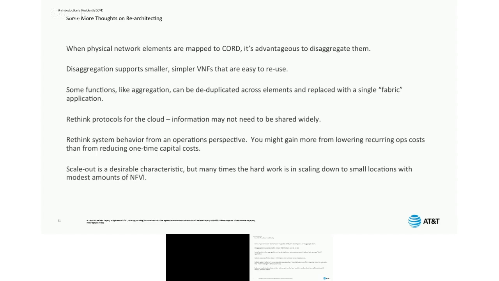So you've heard us say this once or twice, and in the breakout session we'll say it some more. We think there's a real sweet spot to being able to do what we call right-sized CORD in general, and its ability to scale down and to federate and not just have everything in just one location.